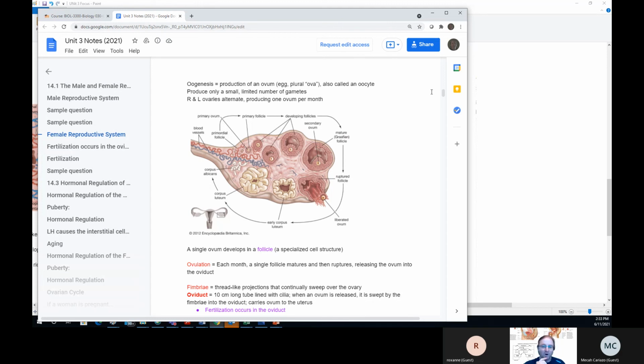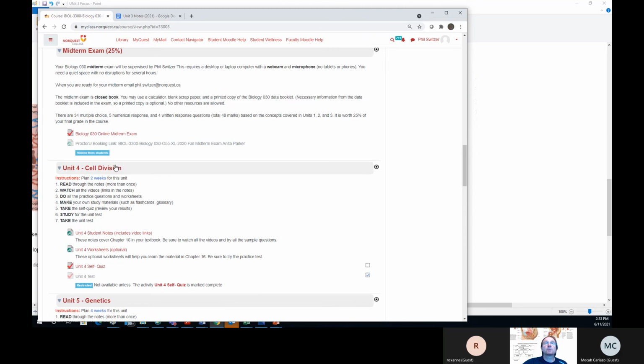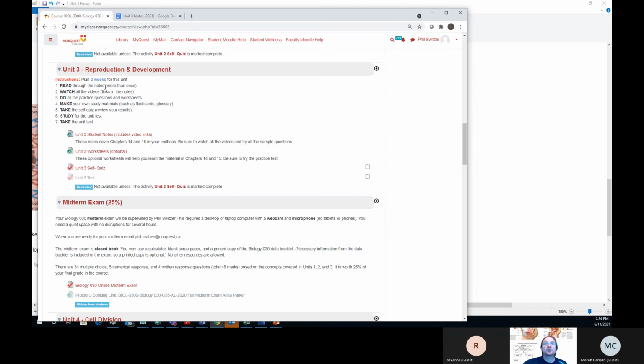Again, right now, it's June 11th. So if you start at the beginning of May, you have about 14 weeks of time left, if you start Unit 3 right about now, and then stay on track in terms of the time for each of the units. So just going to quickly go through that. Unit 3 is 2 weeks.